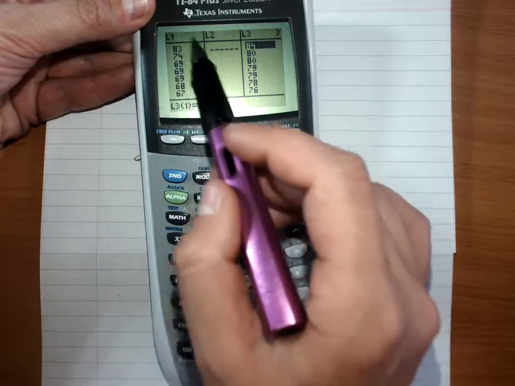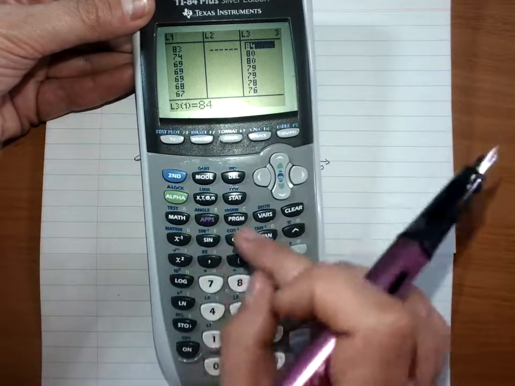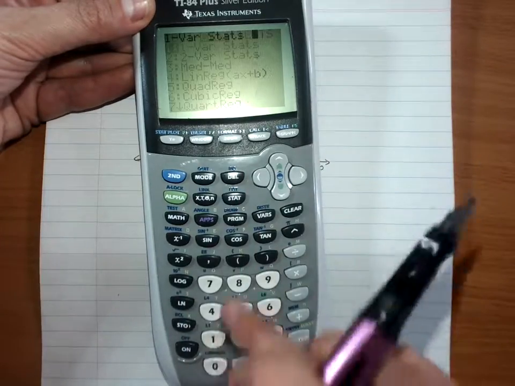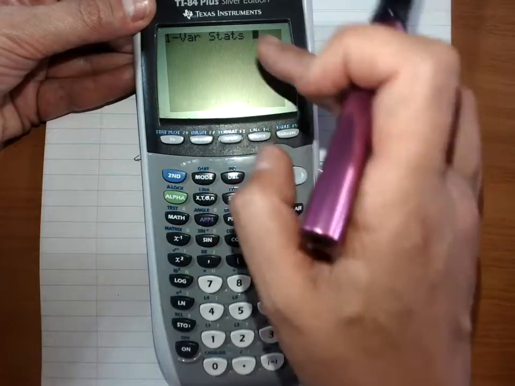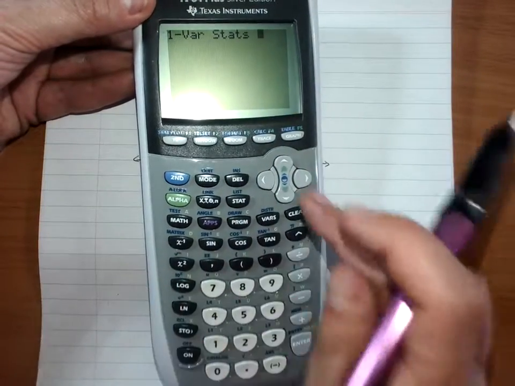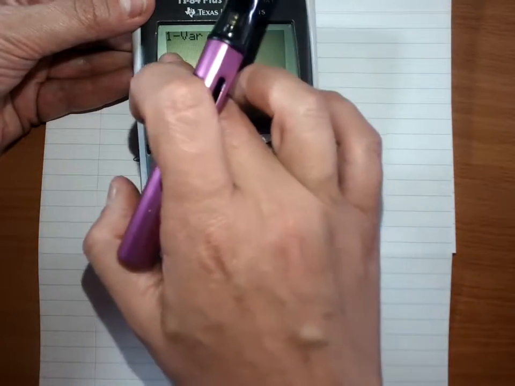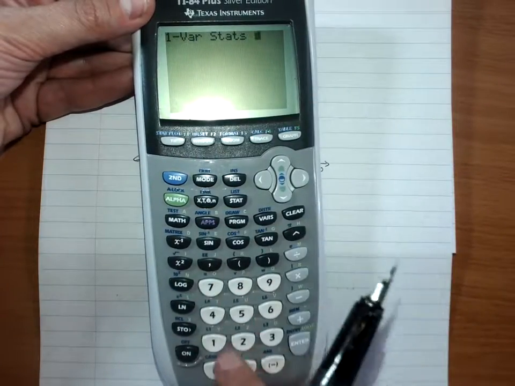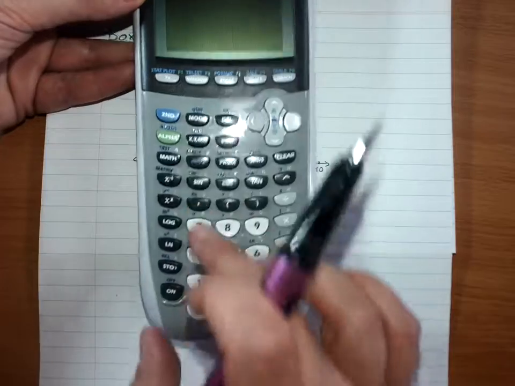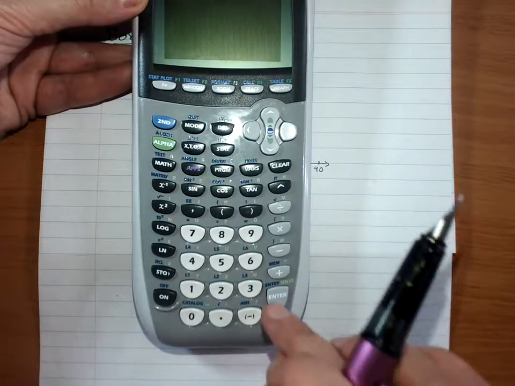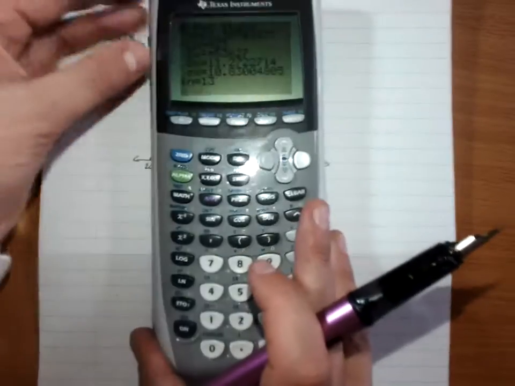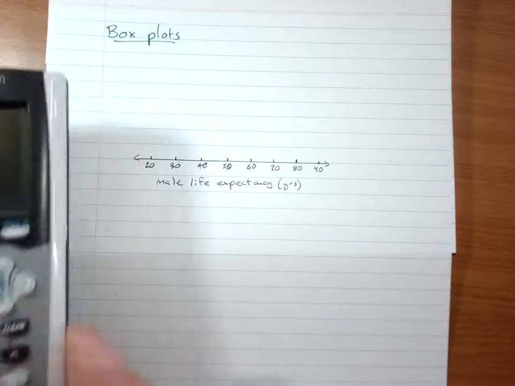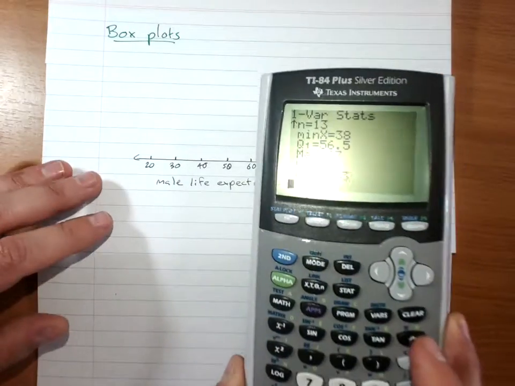So list 1, you can see, is my 1970s. If you go stat, calc, one variable stats, and depending on your calculator, you might have to say L1 here, or it might ask you to put L1 in and then calculate. So L1 is down here above the 1. So for 1970, my 5-figure summary is given by my graphics calculator.